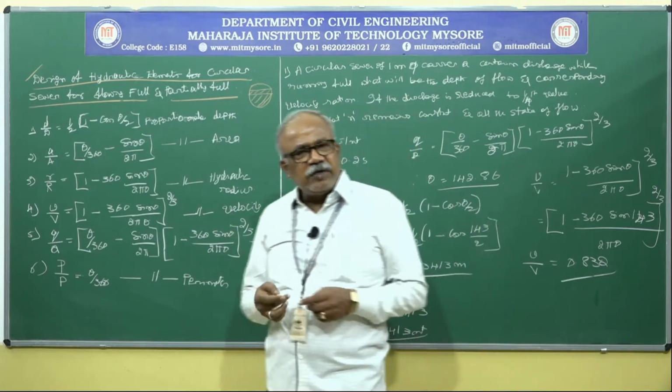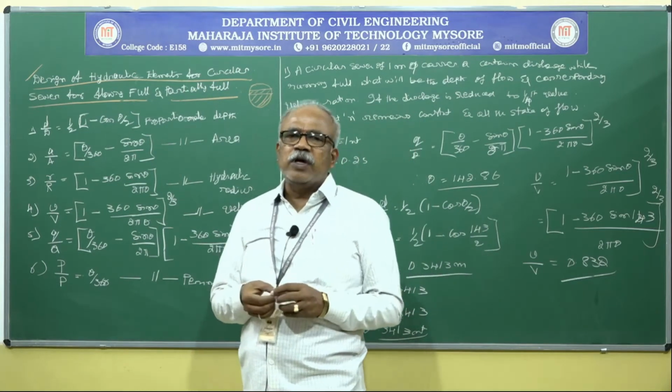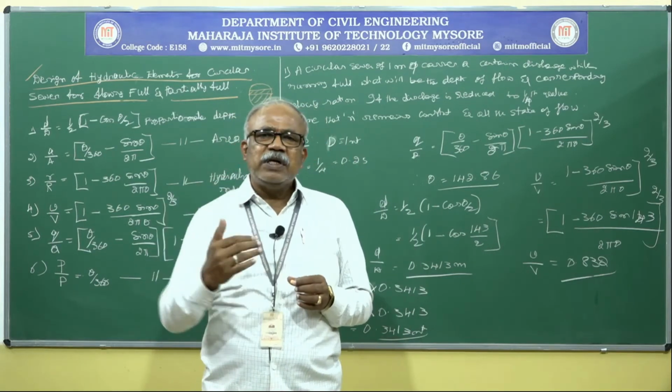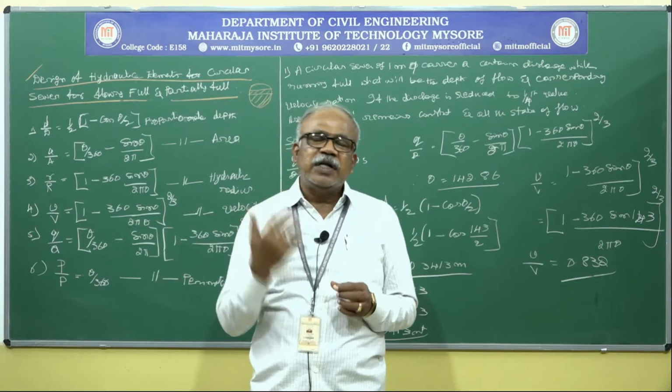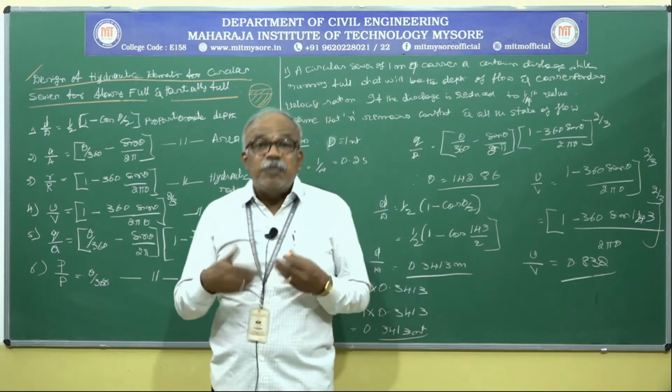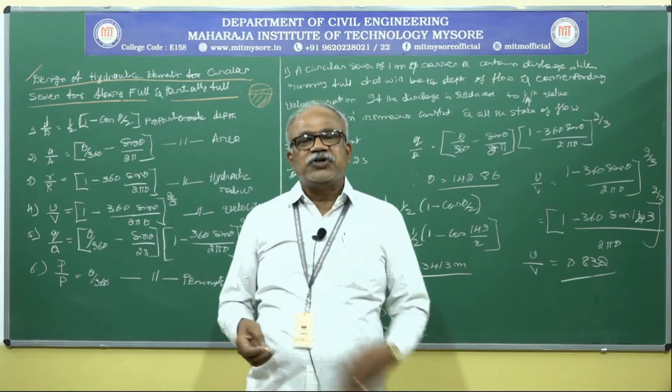In circular sewers, the wastewater will be flowing half full or 60% or 70% or less than 50%, it may be 40, 30, like that. It depends on the flow condition.